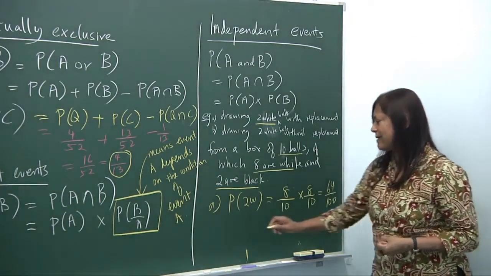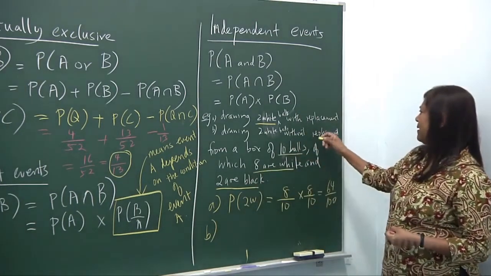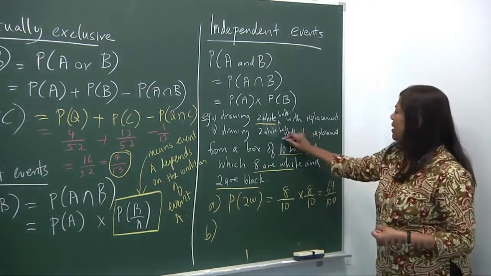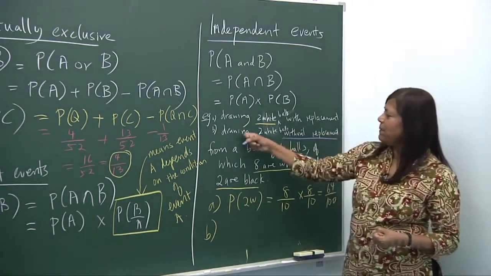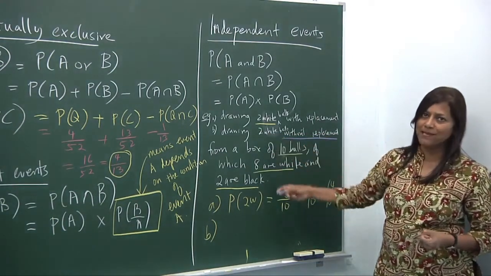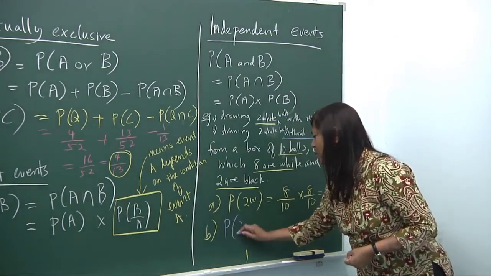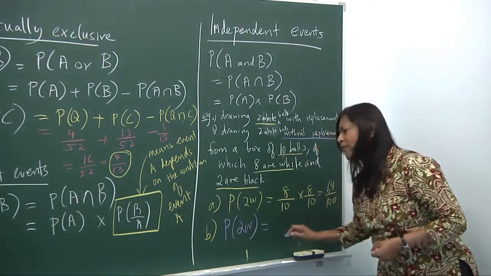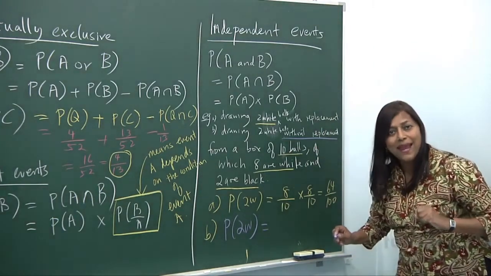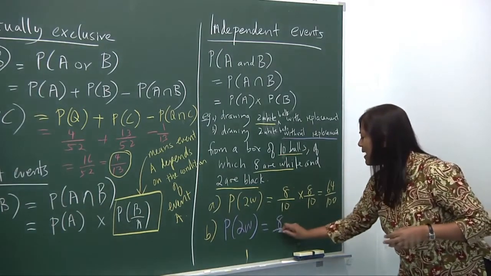Now in the second case, without replacement. Please take note, without replacement in B. You want to draw 2 white balls without replacement. Well, what is the answer going to be? The first white, you're going to take a white out. There are 8 whites out of 10, so 8 upon 10.